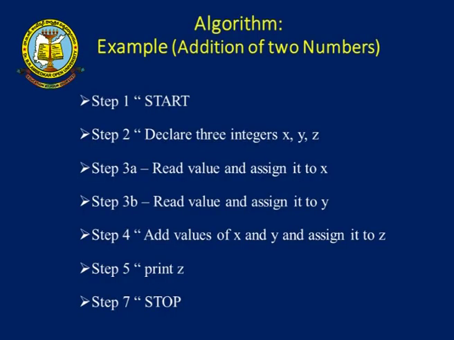It has been terminated in 5 steps. So, all the characteristics that we have discussed for an algorithm have been implemented in this algorithm. Is it clear? And the last step is stop. Every algorithm should start with start and be terminated with a stop.